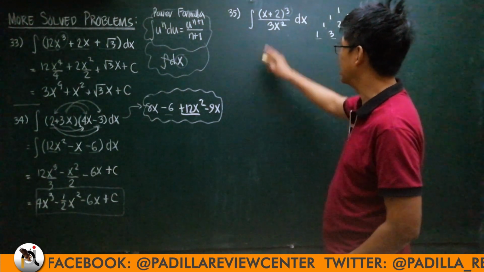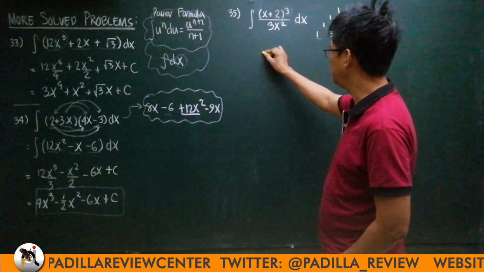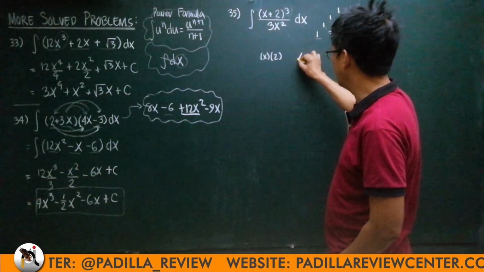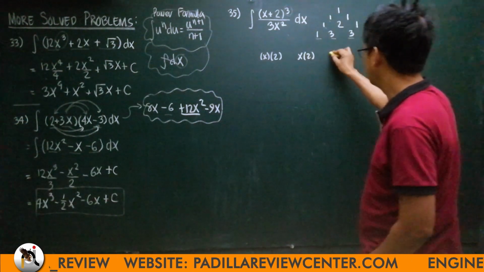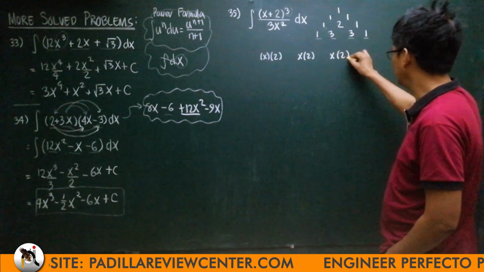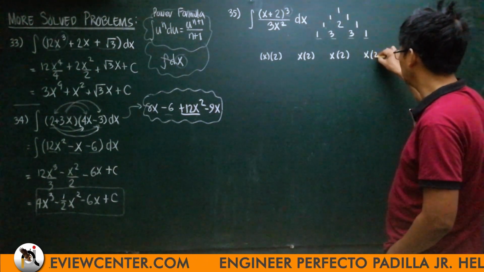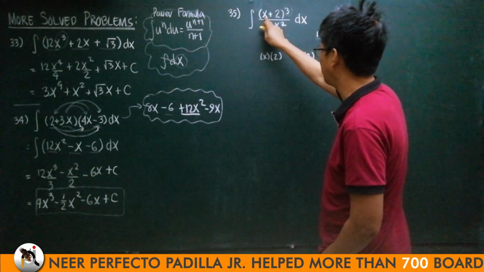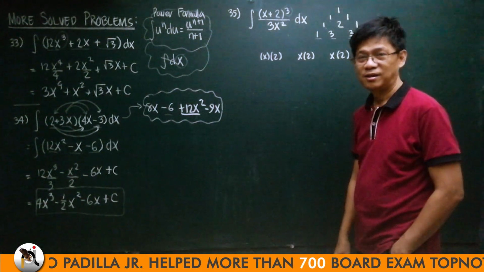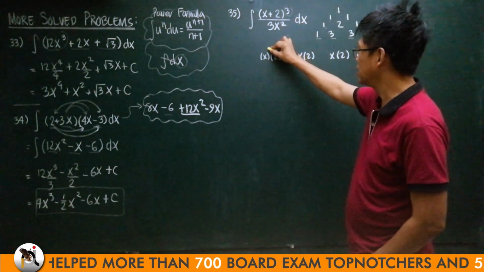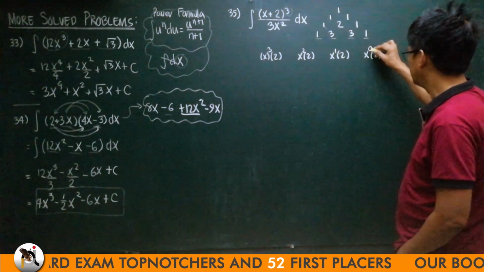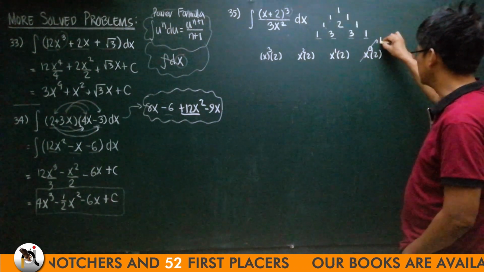So let me expand this. It will be x and 2, x and 2, x and 2, x and 2, right? I just wrote the two terms, the first and the second term. Then I add the exponents 3, 2, 1, 0. x to the 0 is 1.